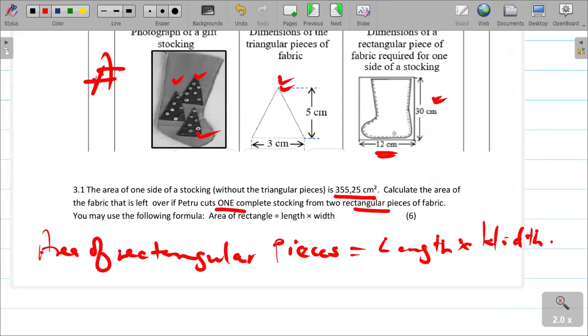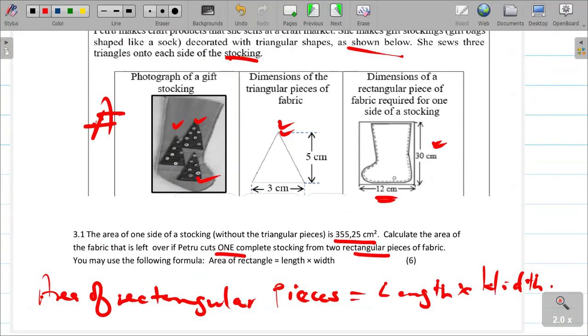It is given that we are given the measurements there, which is 3 centimeters by 5 centimeters. That is what is given there.